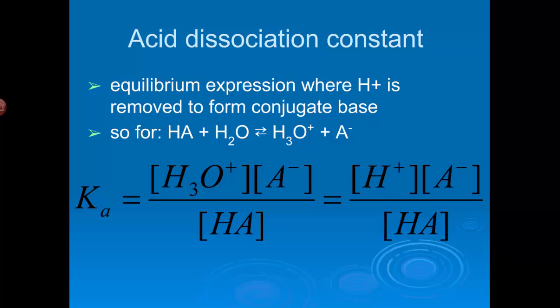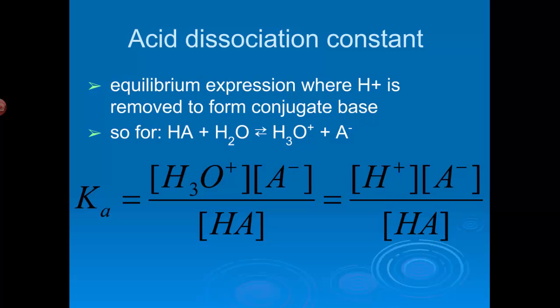Okay, H3O+ concentration times A- concentration over HA. Notice that water is missing. Why is water missing from our equilibrium constant expression? Right, because it's a pure liquid. Pure liquids and solids don't show up in your equilibrium constant expression, so water doesn't show up.